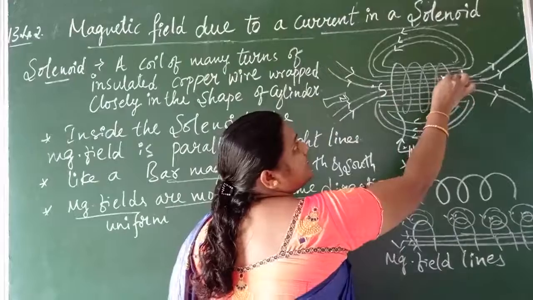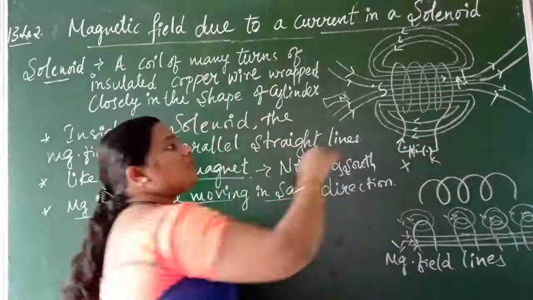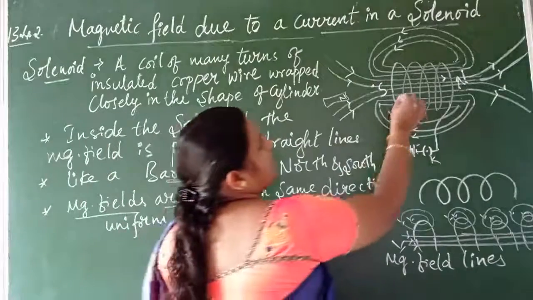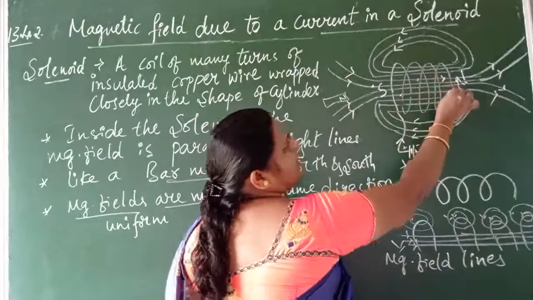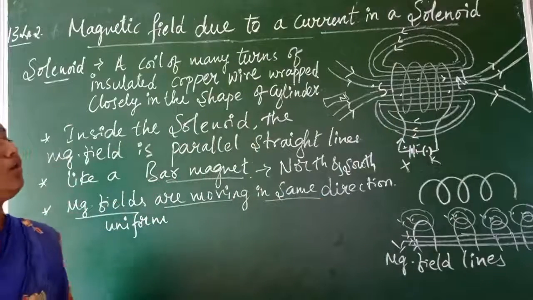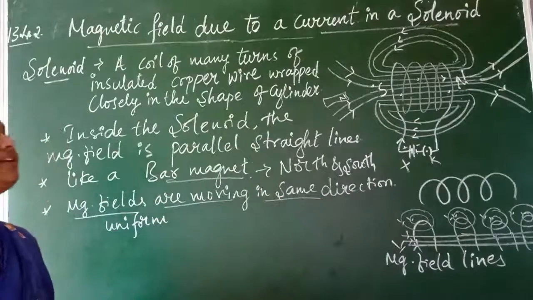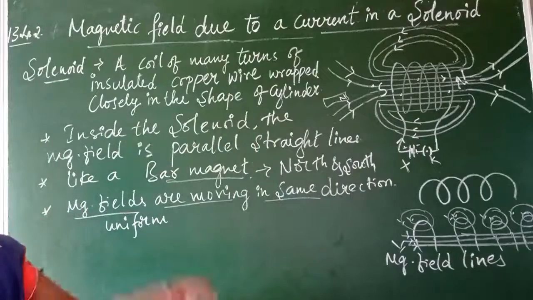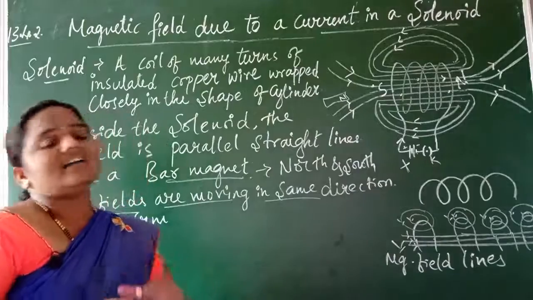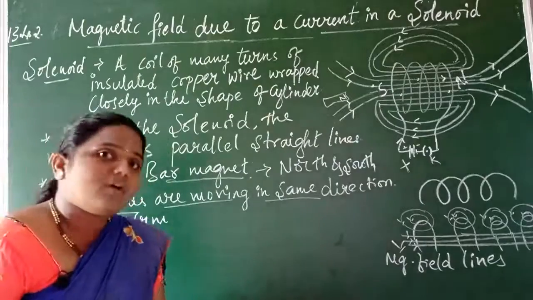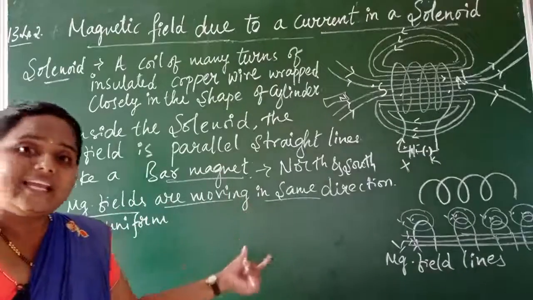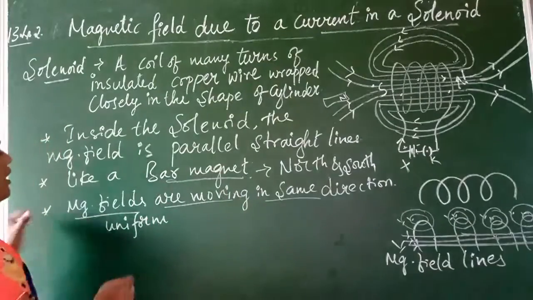If we check this point, it is also moving towards the north. So at any point inside the solenoid, the magnetic field lines move in the same direction, and because of that reason we call the magnetic field in the case of a solenoid uniform.